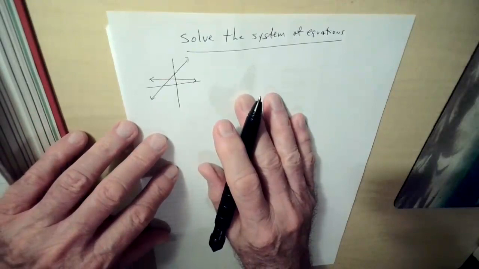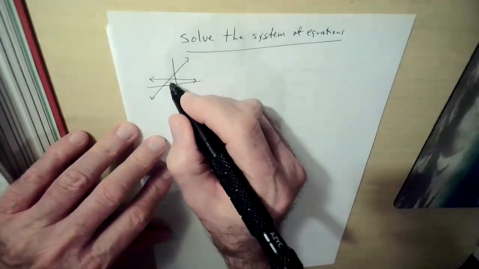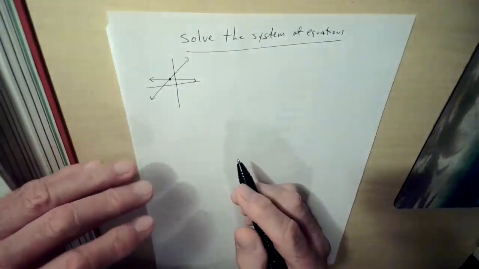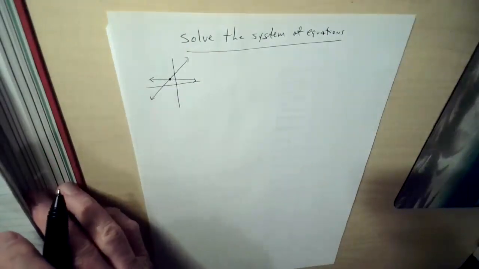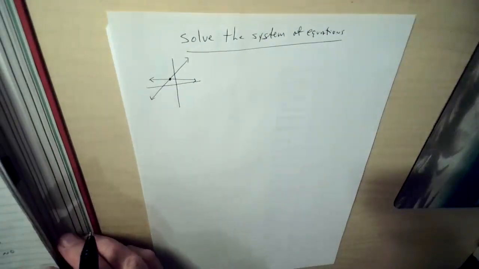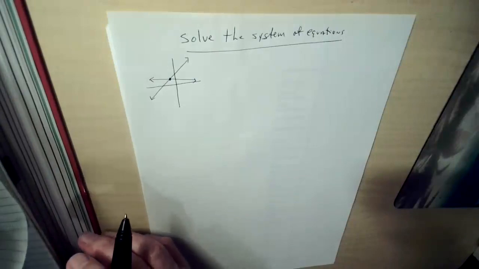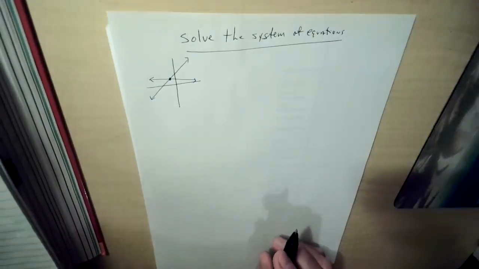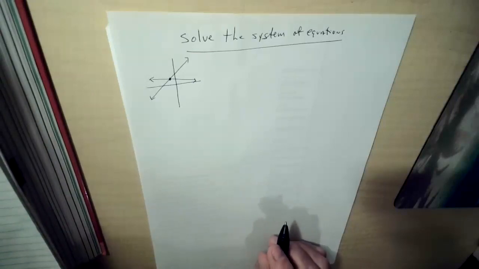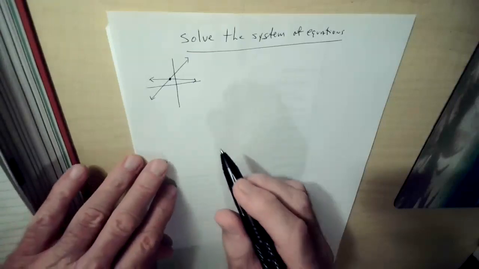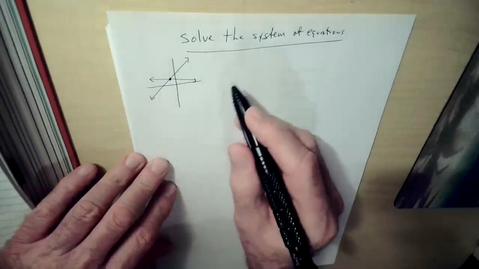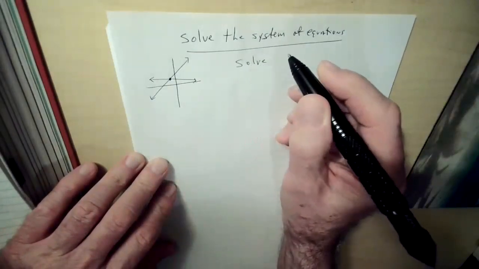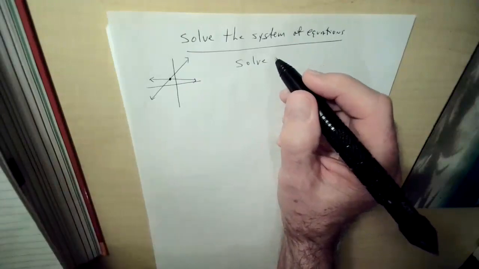There's an infinite number on each one of these lines, but there's only one point that will satisfy both of these, and that's this one right here. That point right there will solve both of the equations.